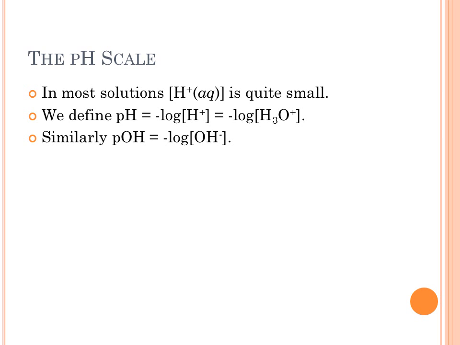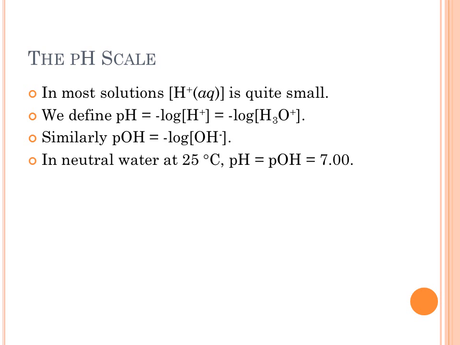Similarly, pOH is the negative log of the hydroxide ion concentration, and really you could do it for anything. If you want to take the negative log of the concentration and just make it a p-type function, it really works for just about anything. So for neutral water, the pH equals the pOH, which is equal to 7.